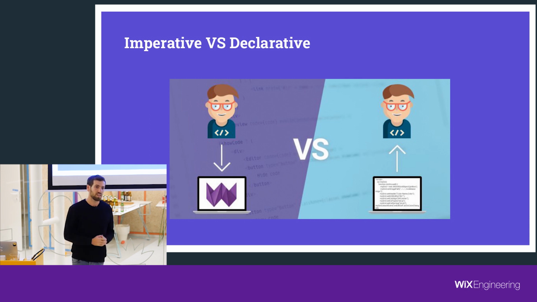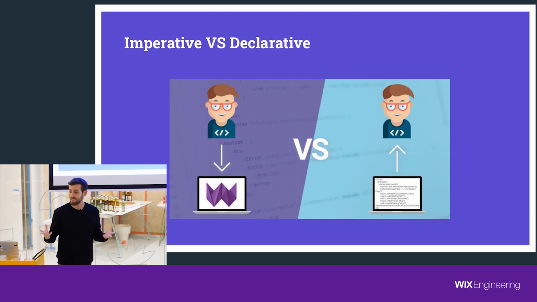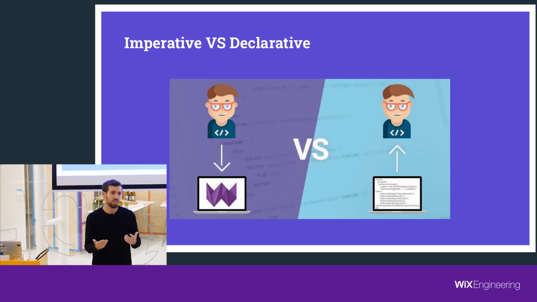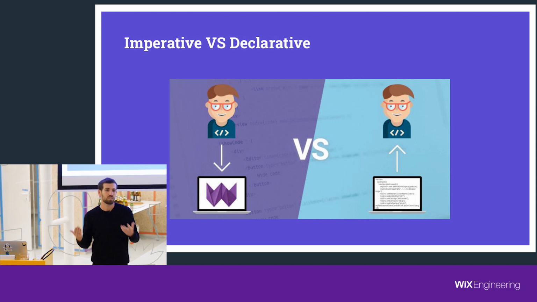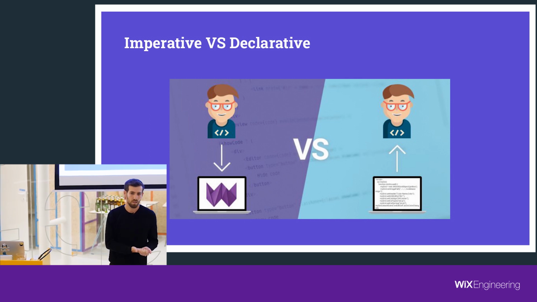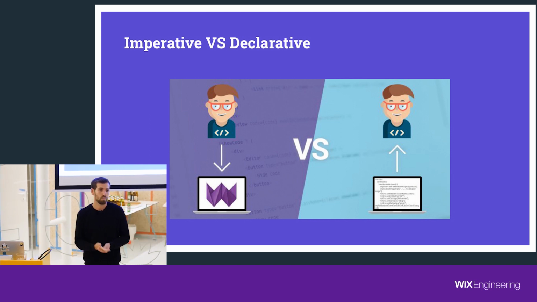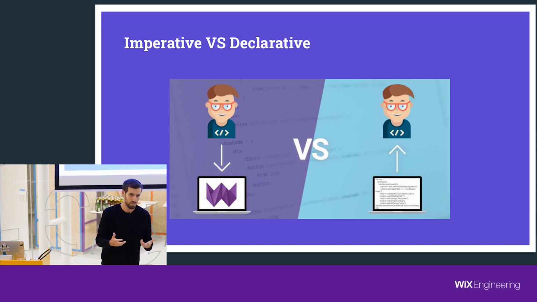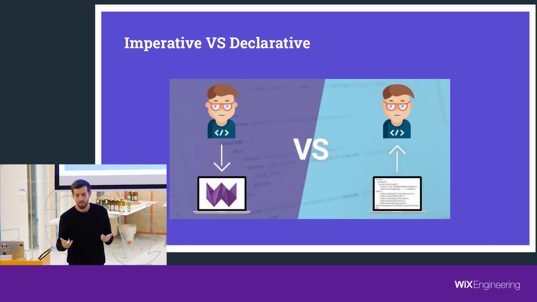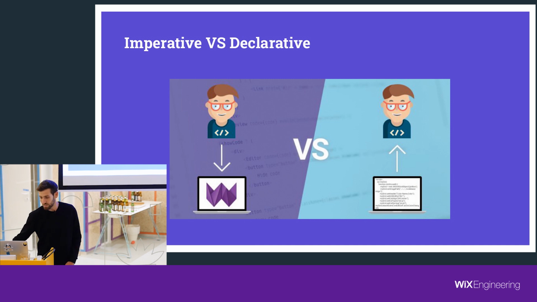The declarative will say, bring me the coffee. And that's basically the difference, and that's what we wanted to achieve as programmers from the beginning. It's much easier for us to declare things instead of elaborating each command. If we can declare something, and it will be done as expected, that will be great for us.